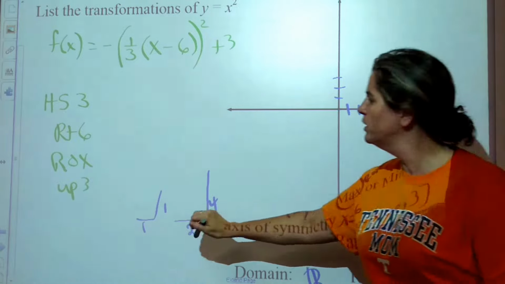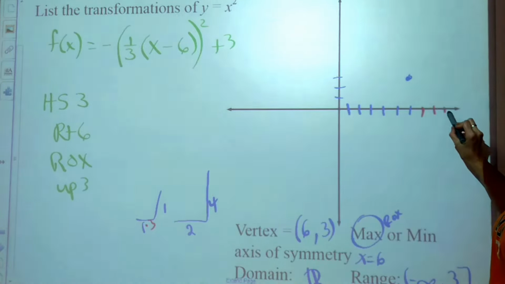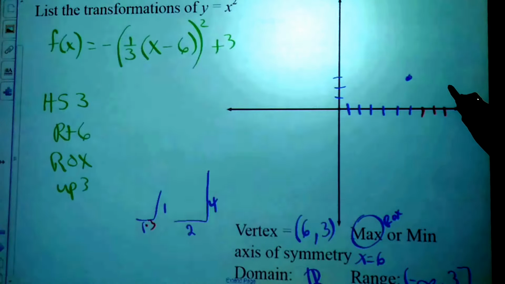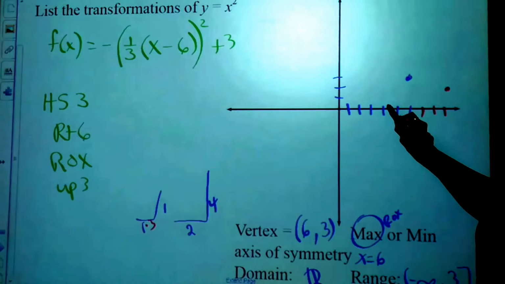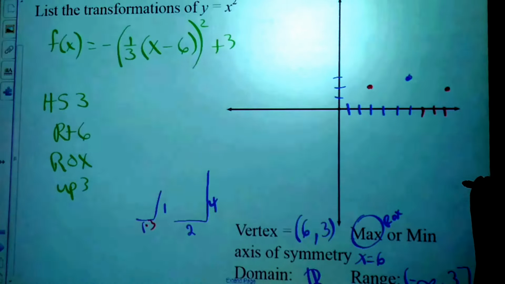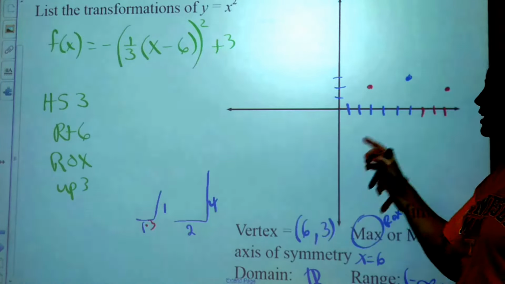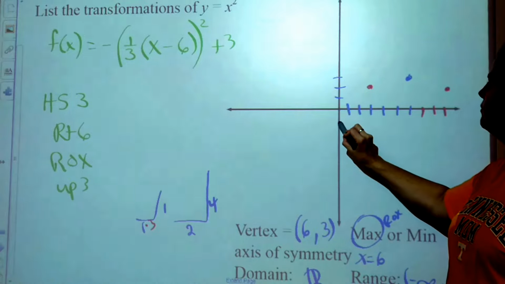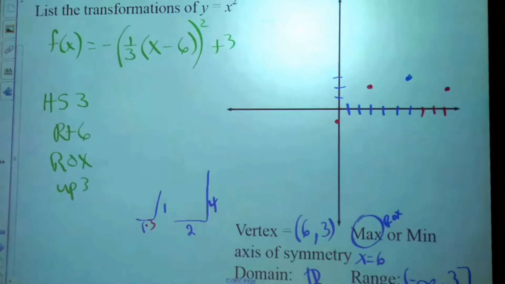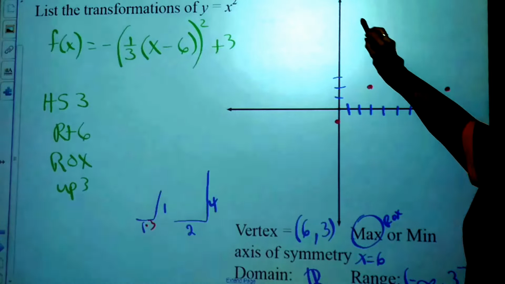So instead of 1, I'm going to go 3 to the right, but I only go down 1. I'll go 3 to the right, 1, 2, 3, but only down 1. And I can do that again. I would go not 2, but 6 to the right and down 4. And 6 to the left and down 4. That's going to fall off of your graph a little bit.